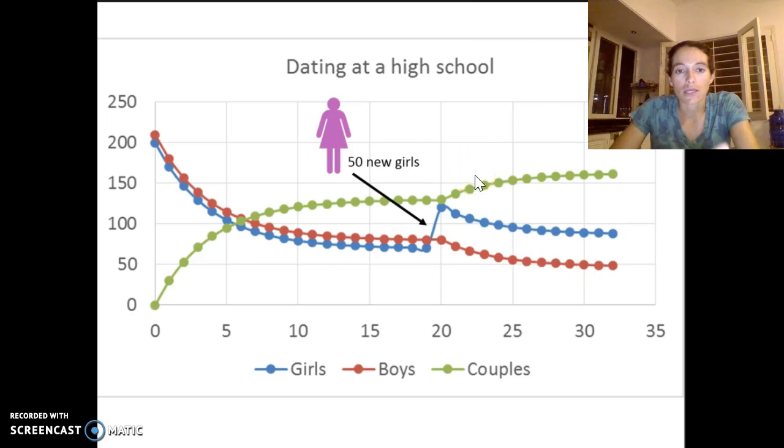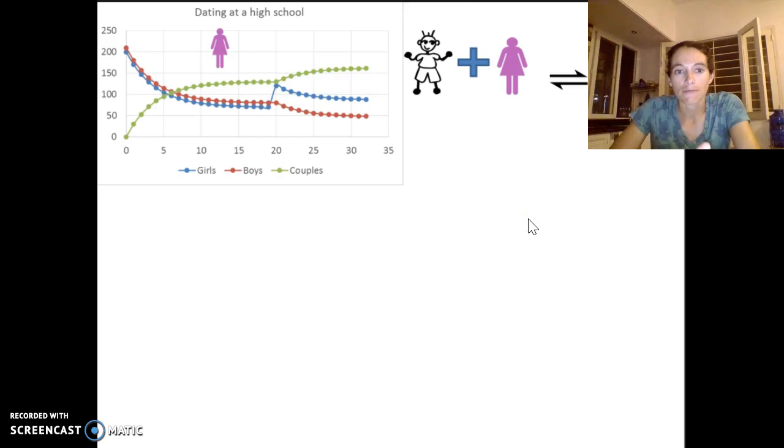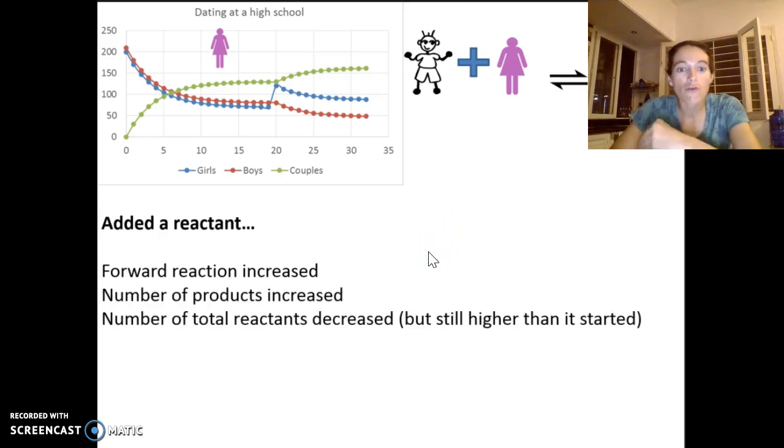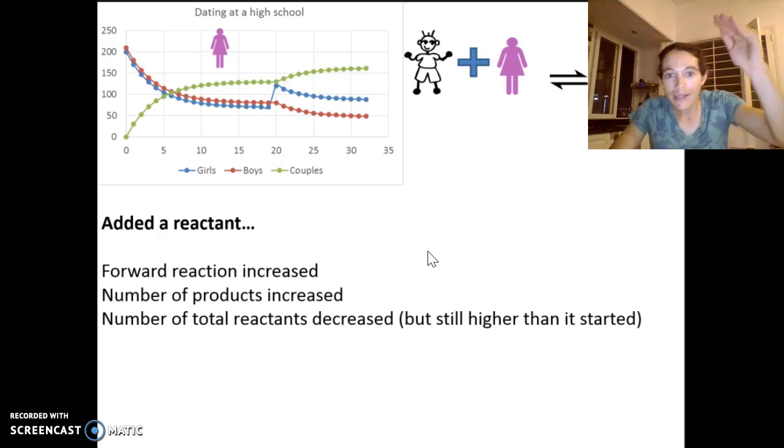And so the key thing is that if you look at it overall, we added a reactant, the forward reaction increased, the products increased, and the overall number of reactants decreased from where we added, but still higher than where it started, overall.